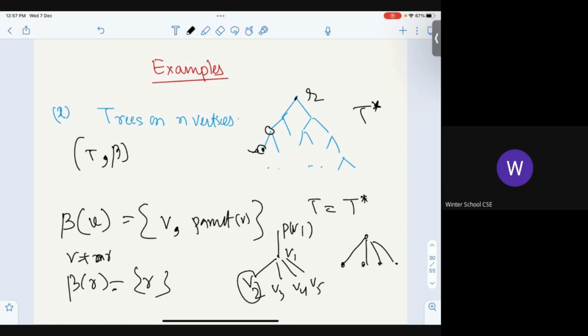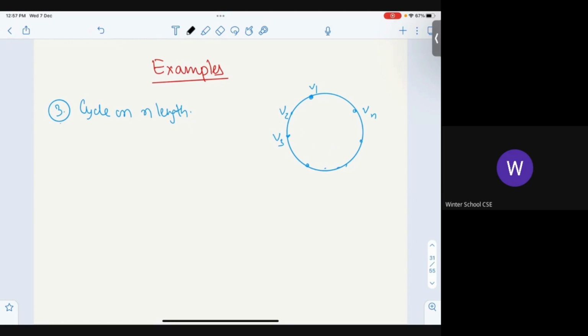Okay, that's it. So if trees are tree-like, then what is not tree-like? Okay. What about a cycle of length n? Let's see. Up until now, paths and trees had tree width 1. What is its tree width?